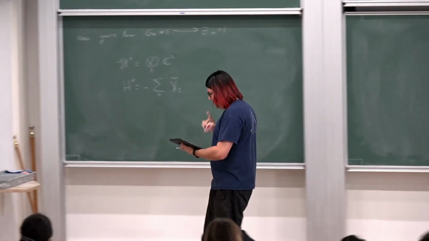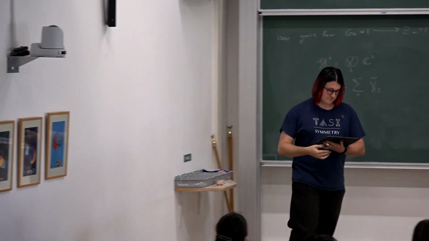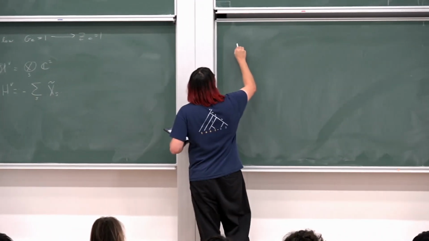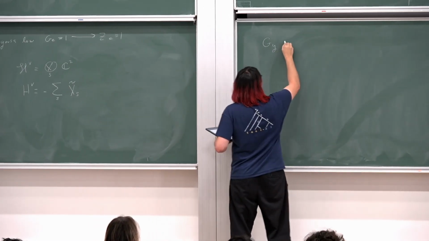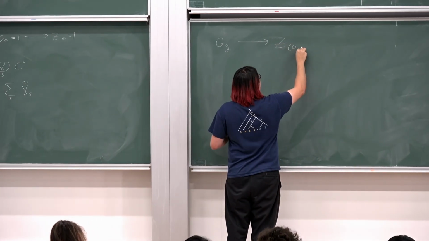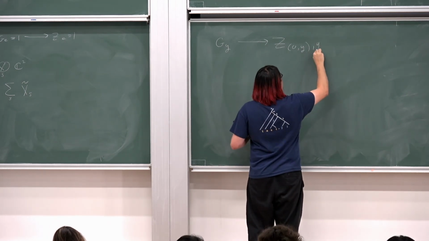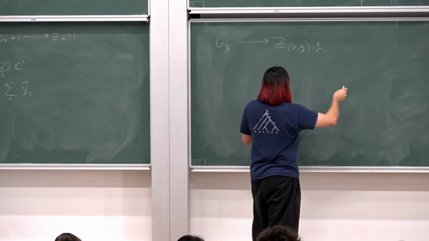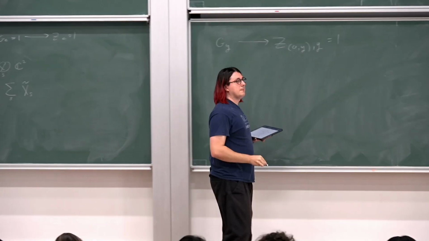Now the Gauss operator is changed. And now the Gauss operator g_y goes to z on the link from (0, y) to (0, y+1), and that should equal 1. Okay.